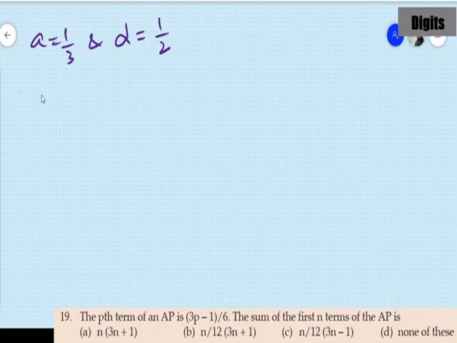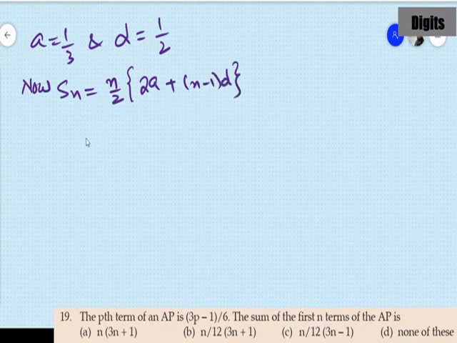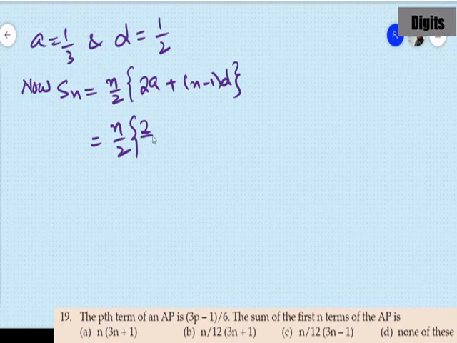Now Sn is equal to n by 2 into 2a plus n minus 1 d, which implies Sn is equal to n by 2 into 2a, that is 2 into 1 by 3, that is 2 by 3, plus n minus 1 and d is 1 by 2. So we will solve these.